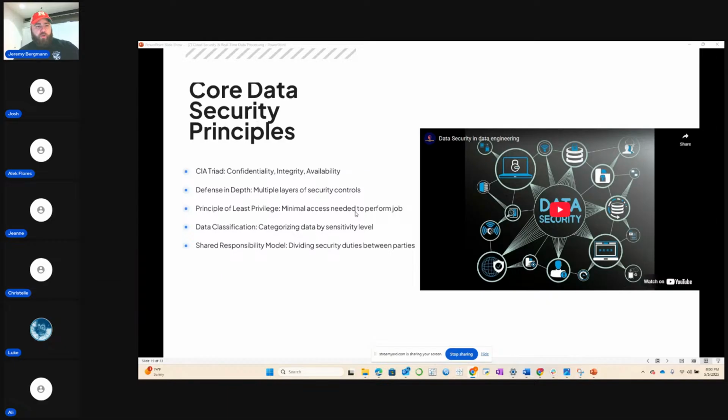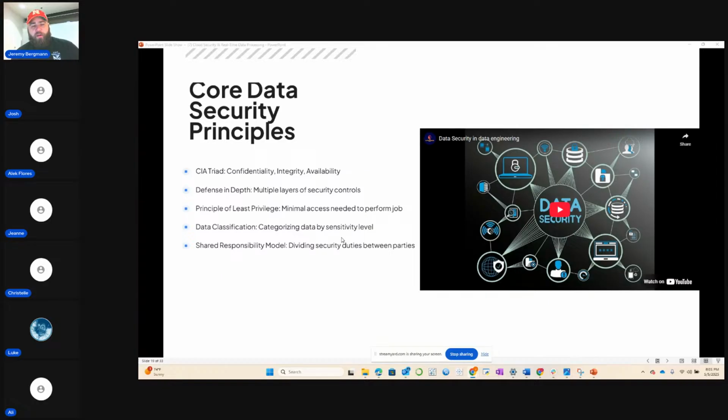Having least privilege. So data classification, that's categorizing data by sensitivity level. Perhaps there's some data that's way less sensitive than others. Think of the example we talked about, somebody's patient records and their social security numbers and stuff like that. That would probably be the highest priority or sensitivity.